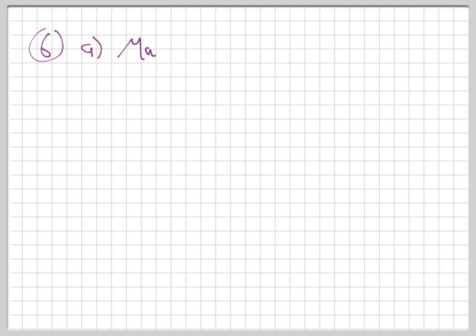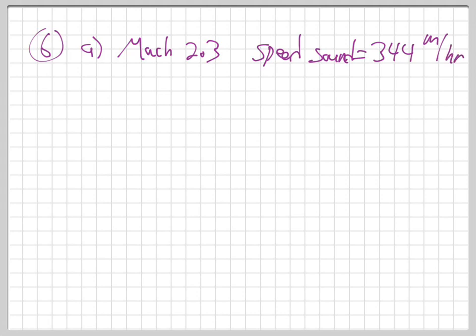Part A, Mach 2.3, speed of sound, 344 meters per hour. So that means I'm going to start with 2.3 times the speed of sound.